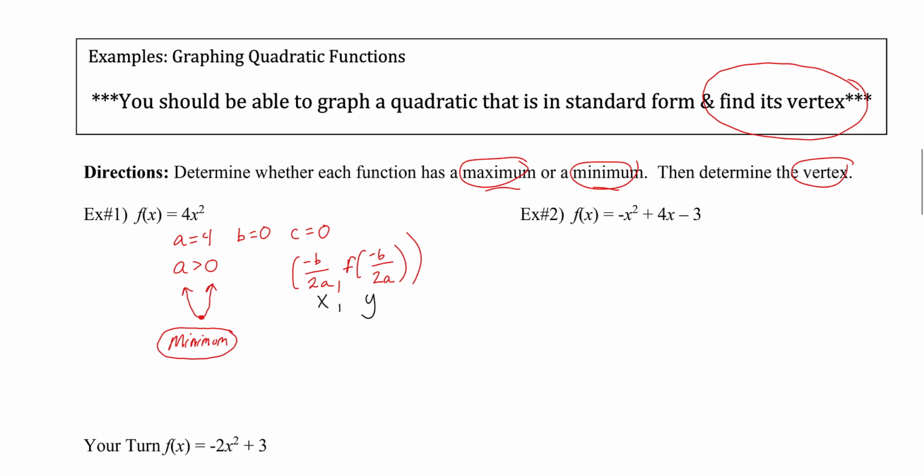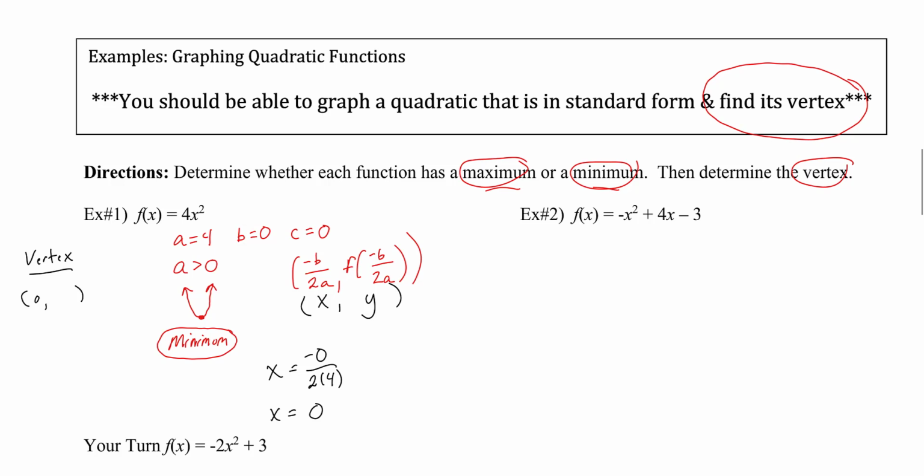We're going to take the opposite of b, which is just 0. So the opposite of 0, of course, is just 0, divided by 2 times a, which is 4. Remember, this gives us the x coordinate. 0 divided by anything is 0. So the x coordinate of the vertex is 0. I'll write that here kind of off to the side.